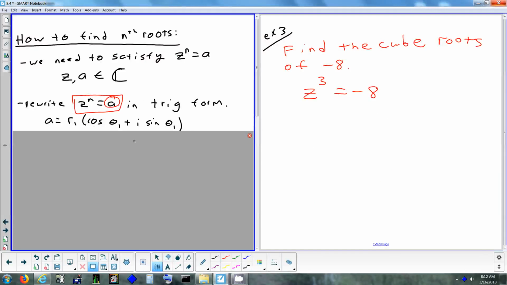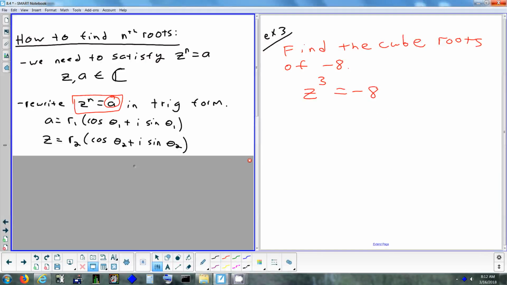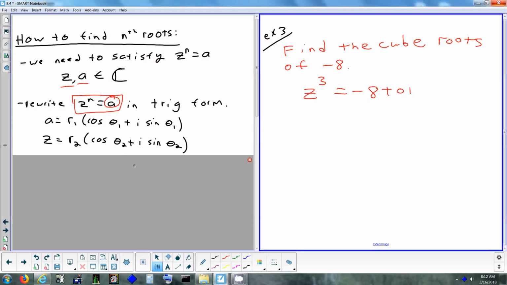To write it in trig form, we have to change the z and the a, which remember are both complex numbers, into trig form. Technically, you could go like this if you want. That's standard form: -8 plus 0i.